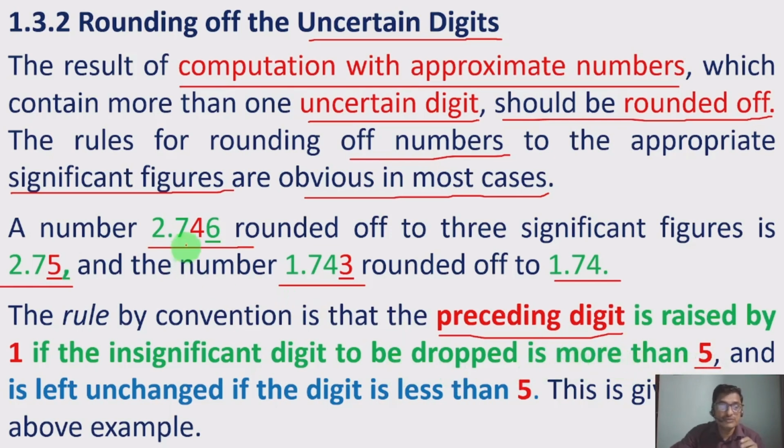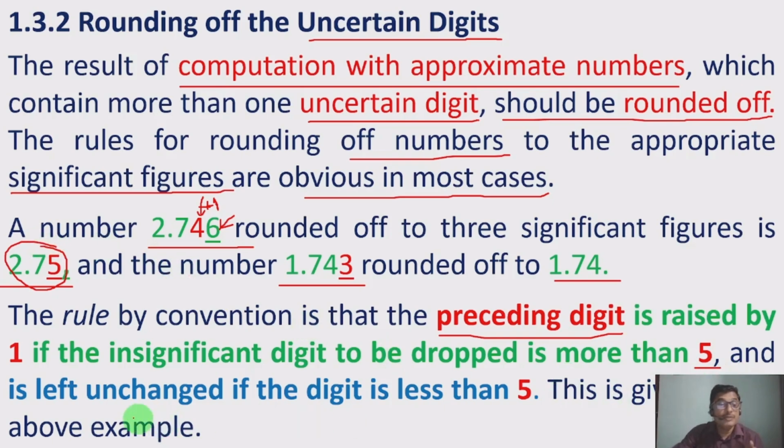Here in the first case, 2.746, this is the insignificant digit, and it is dropped because it is more than 5. The previous digit is raised by 1, so 1 is added, and it is rounded up to 2.75, the result we got. That is by the rule.